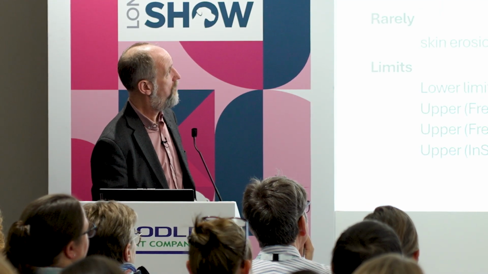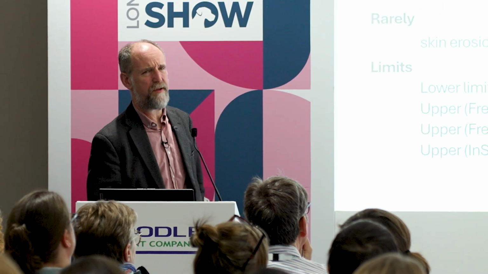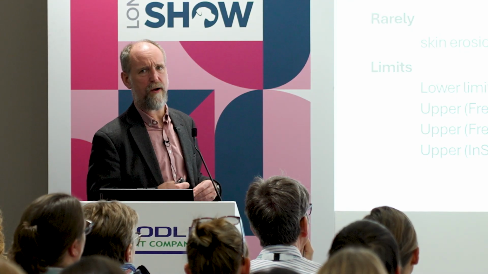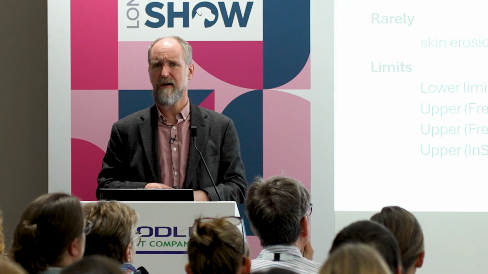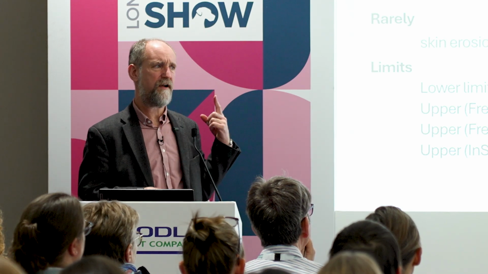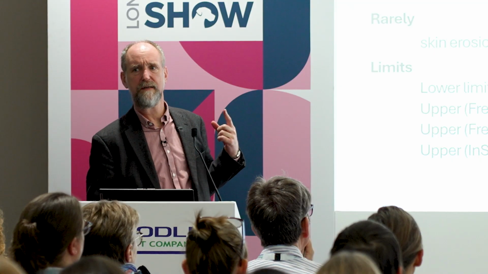Problems, very few. Some of my colleagues have always been worried that we can't put it on the thorax of a cat because we might get a pneumothorax. There's been one case ever, and you really would have to try very hard to do that.